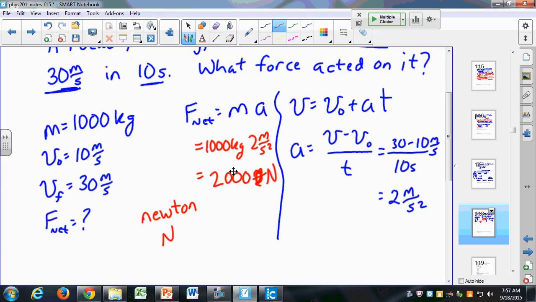By the way, just so you know, did y'all know this? A little bit of grammar for you. If you have a unit that is a proper noun, like a newton, because it's based on the guy's name, when you write out the word like this, you don't capitalize it. When you write out Isaac Newton's name, you'd capitalize that, of course. But when you write out the unit that's based on his name, you don't capitalize it. But when you abbreviate it, you do capitalize it.